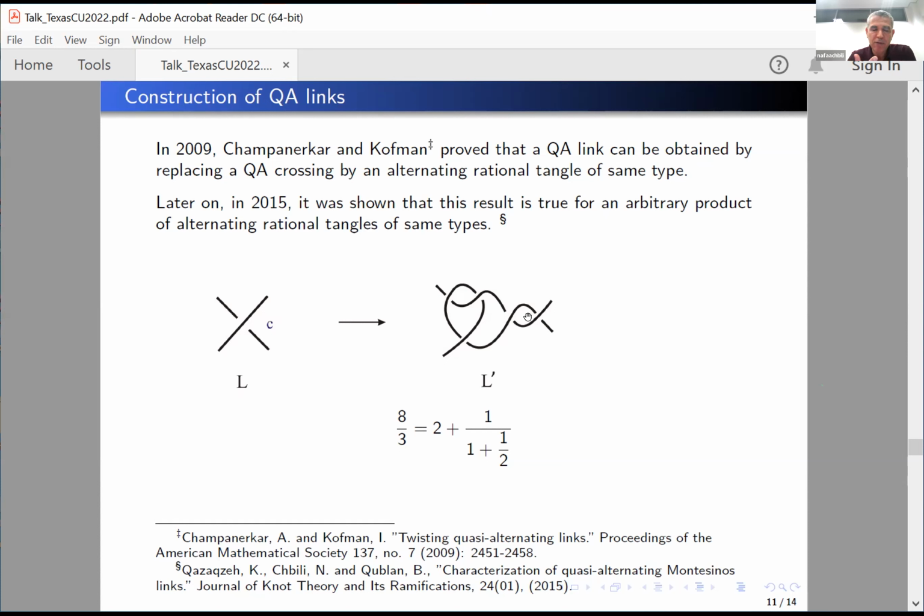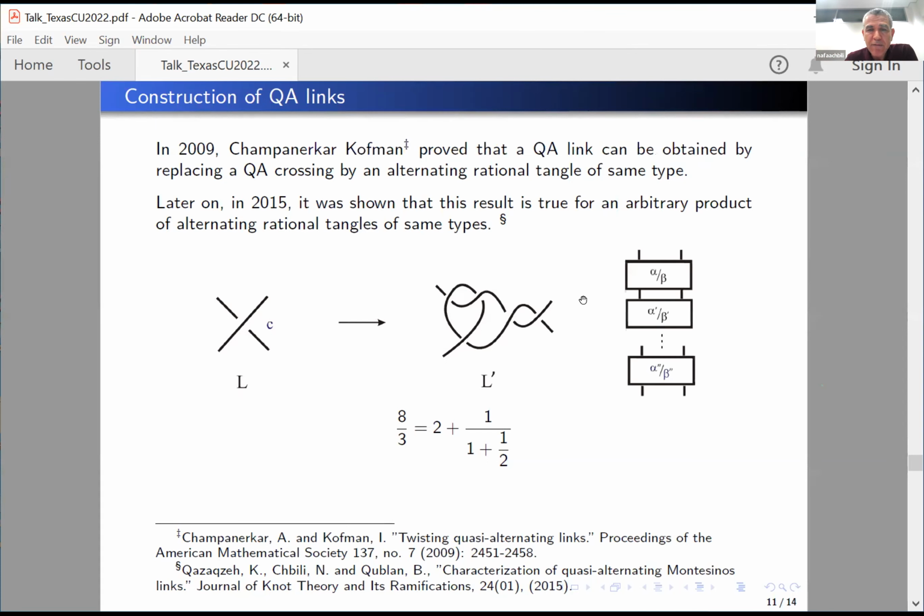And they gave a direct proof, where they use some induction on the determinants and some properties of this operation to prove that starting from an example of quasi-alternating link, I can form more complicated examples by plugging tangles like that.